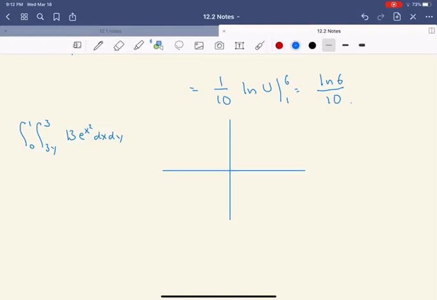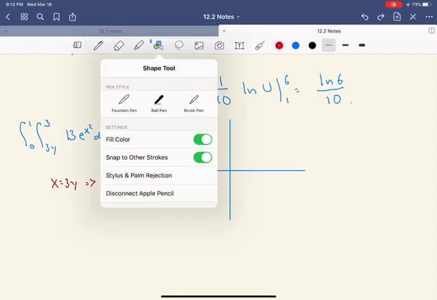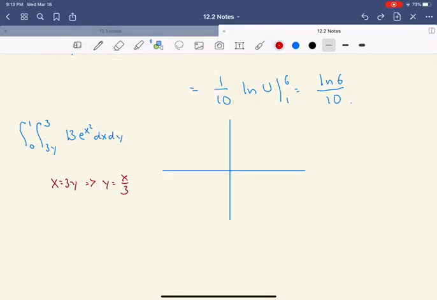Okay, so our region, well, if x equals 3y, that's equivalent to saying y equals x over 3. So that's a line like so. This other limit gives me the line x equals 3.